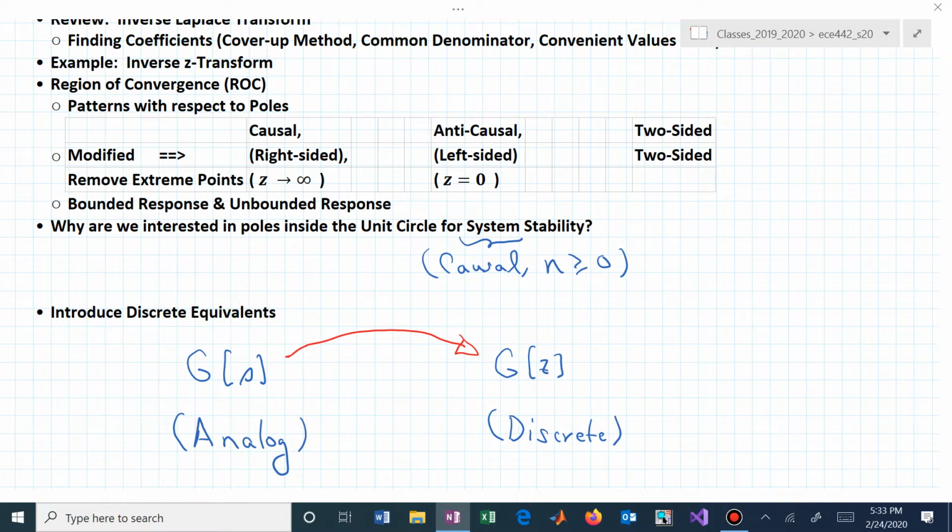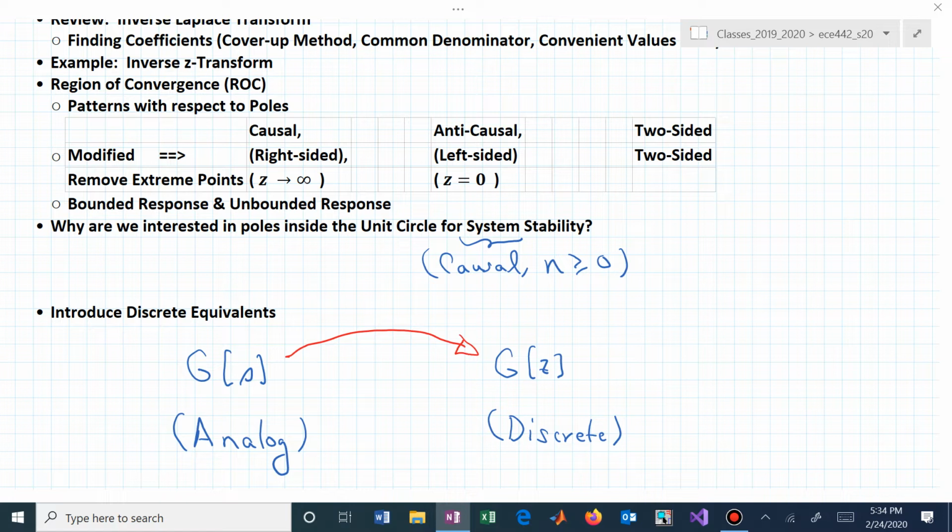Converse to that, if you have a left-sided sequence, which now you might have a finite number of indexed terms in your sequence that have positive indices, then you have to eliminate that extreme point, which is z equals 0, in your general disk of a region of convergence.